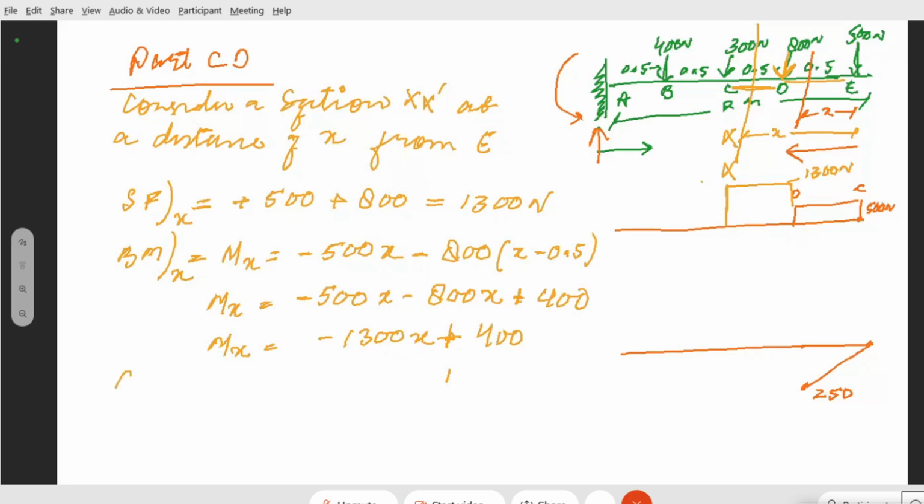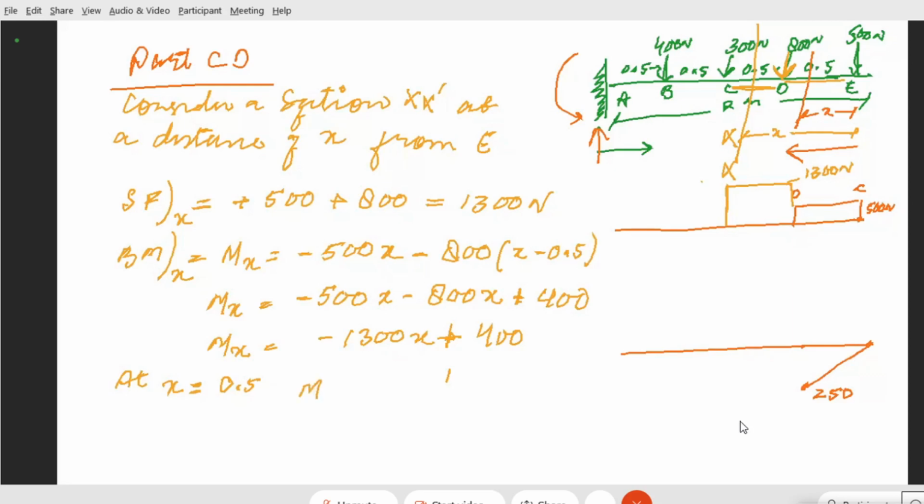Now, when we have the end conditions as when x is equal to how much? Firstly, we have the end condition when x is equal to 0.5. We cannot say when x is equal to 0 because x has been calculated from point E. We want the moment between C and D. C and D has a limit of when x is equal to 0.5. Then your moment will be how much?